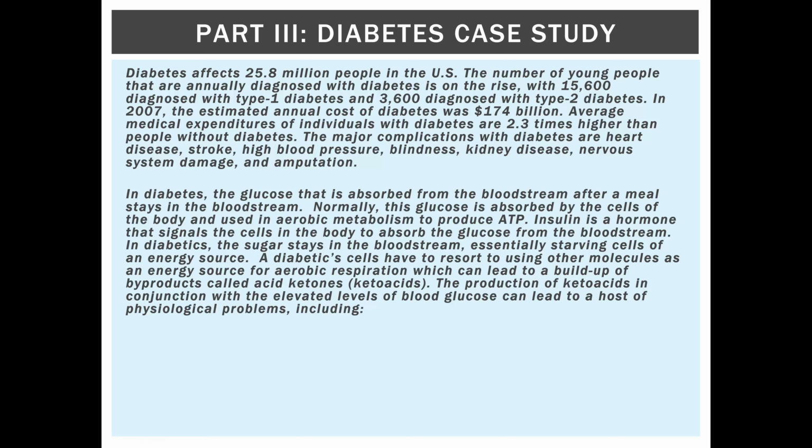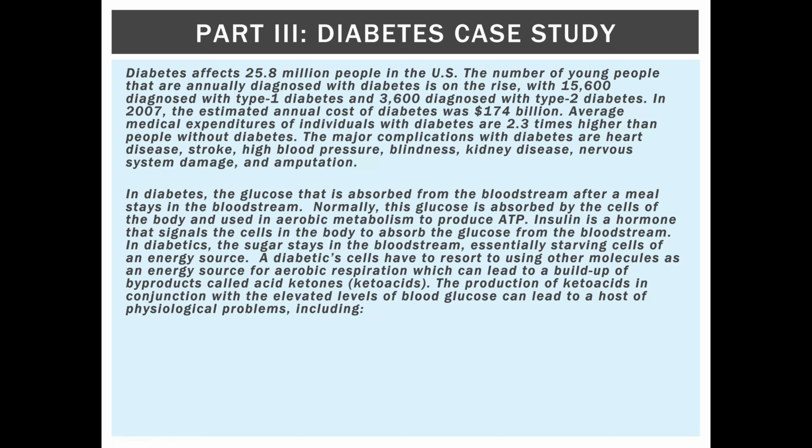In diabetics, the sugar stays in the bloodstream, and this essentially starves the cells of their energy source. So diabetic cells have to resort to using other molecules as an energy source for aerobic respiration, which can lead to a buildup of byproducts called ketones or keto acids, which can lead to a condition called ketoacidosis.